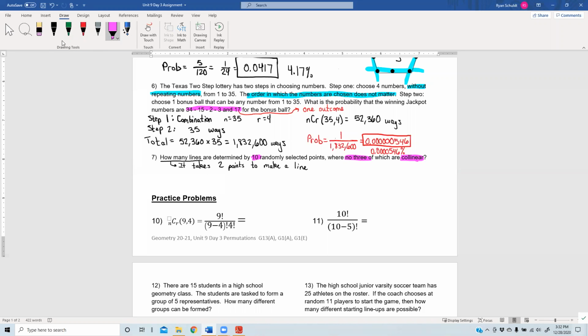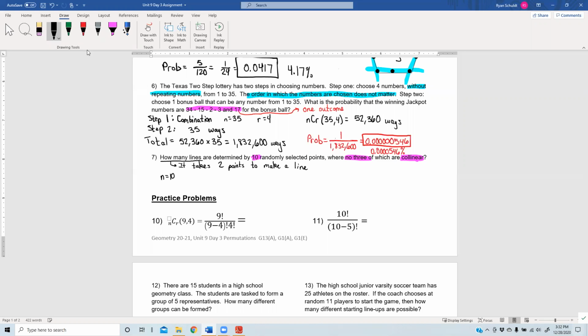No 3 are collinear. So we've got 10, we're picking 2. Does the order matter? If I'm making a line between these 2 points here, does it matter whether I pick the bottom one first or the top one first? No. Order doesn't matter. Obviously, I can't pick the same point twice. It wouldn't be a line. So this is a combination.